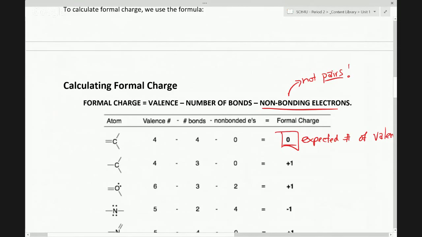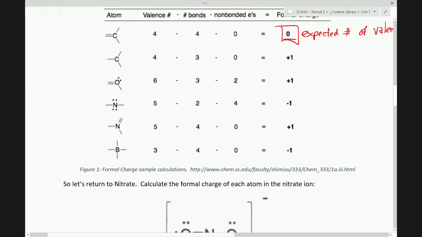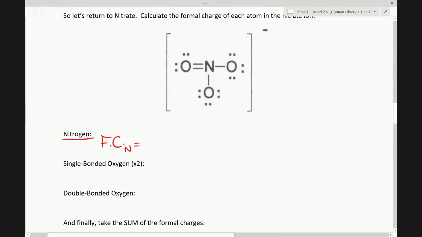So for nitrogen, we say nitrogen has a valence typically of 5, but here we have to subtract 1 for each bond. So 1, 2, 3, 4. We subtract 4 for the bonds, and then we have to subtract the number of lone electrons it has. And if we look, it has no lone electrons, so we're subtracting 0. And so nitrogen has a formal charge of +1.